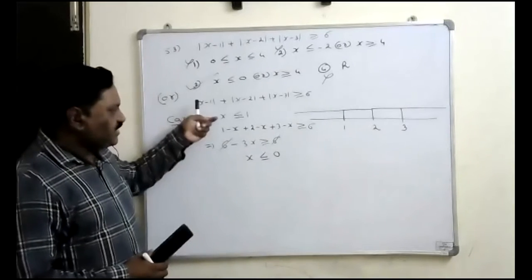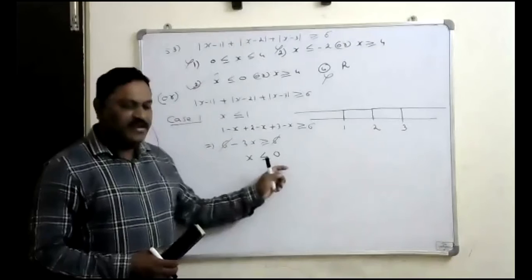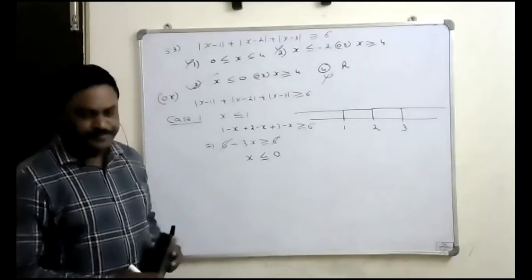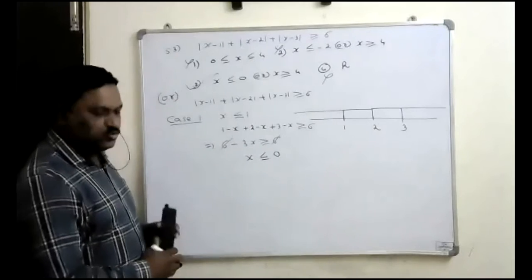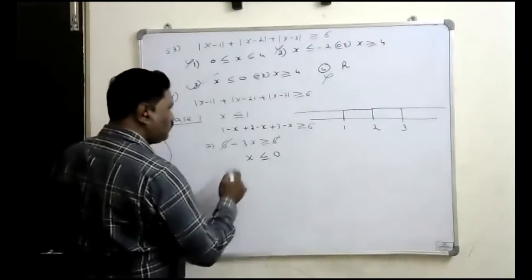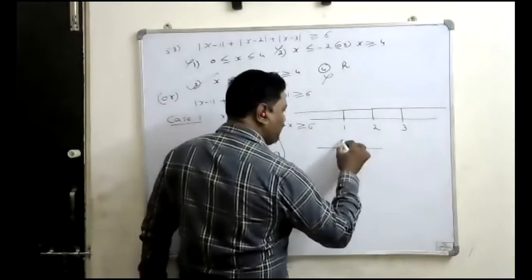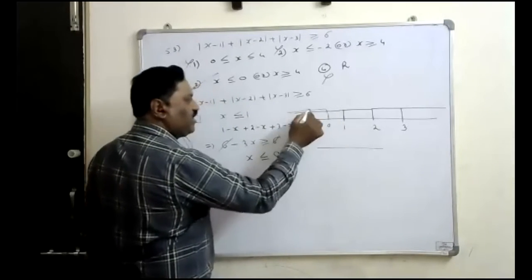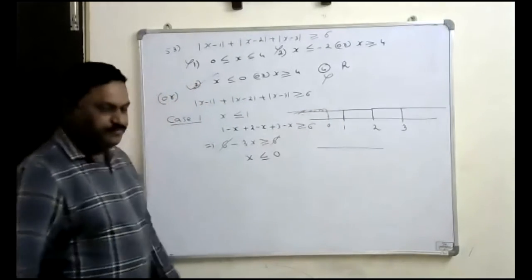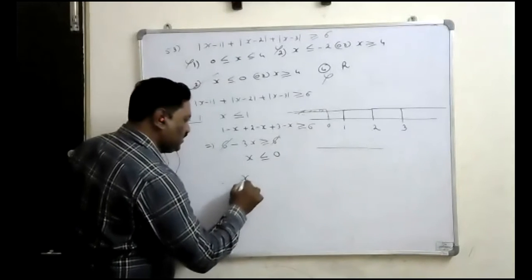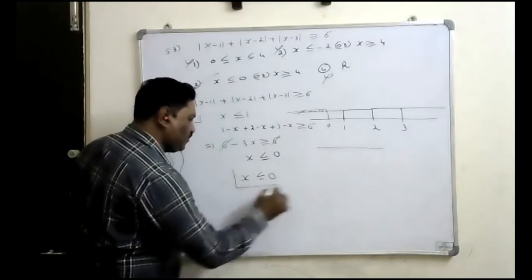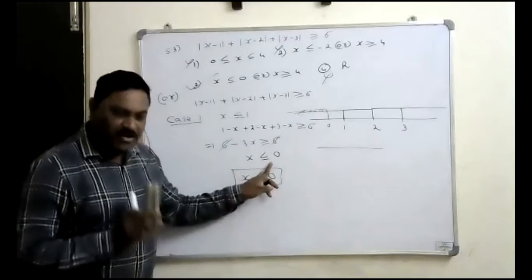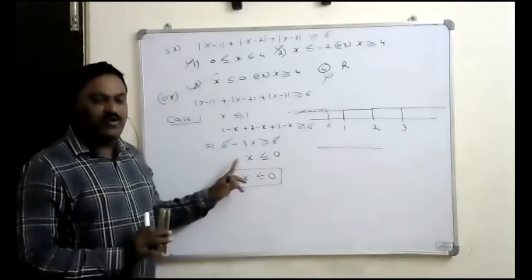Now this is x less than or equal to 1, and this is x less than or equal to 0. We have to write the common interval satisfied by these two. What is the common interval? One interval says we have to take x smaller than or equal to 0.